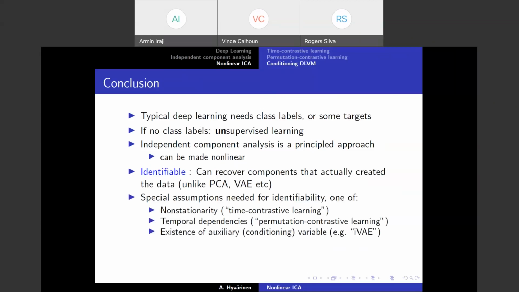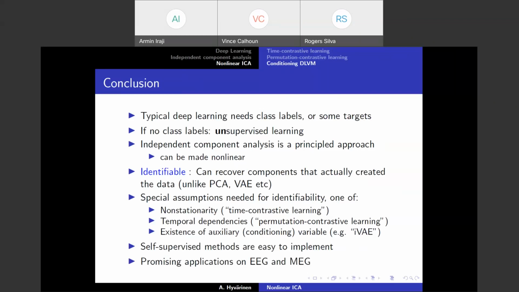What we have shown is that we can achieve this by some special assumptions, like one of these three: time series with non-stationarity, time series with temporal dependencies, or some kind of external auxiliary conditioning variable.